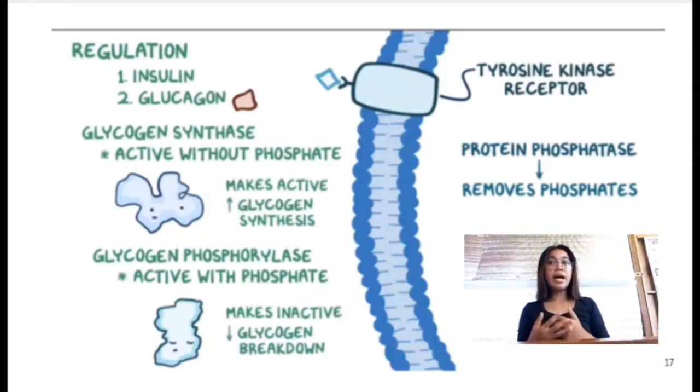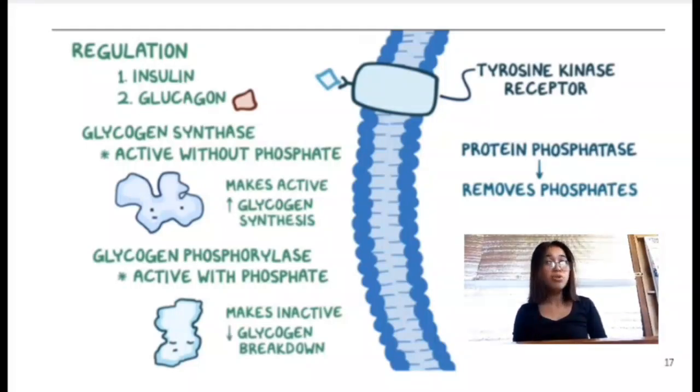On the other hand, glucagon in the liver cells binds to a G protein coupled receptor on the cell surface, which activates adenylyl cyclase, which converts ATP to cAMP. Then, cAMP activates protein kinase A, which adds phosphates to glycogen phosphorylase, increasing its activity and promoting glycogen breakdown.